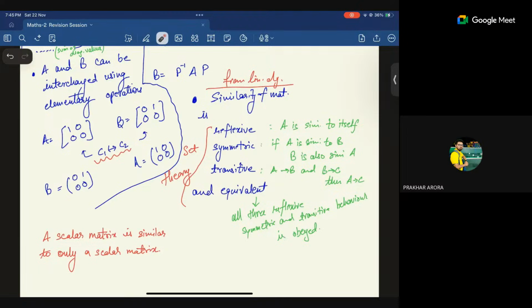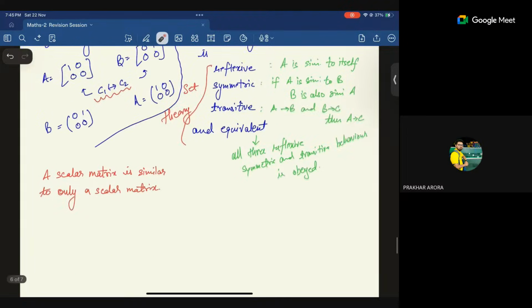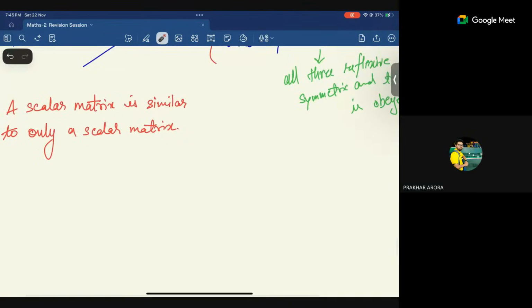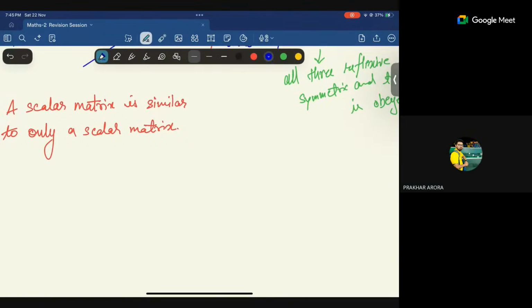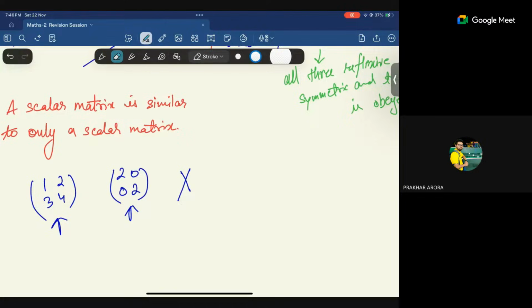So this is an important fact which you should know, that a scalar matrix is only similar to a scalar matrix. That is, if they give you a question to check whether these two matrices are similar, then you can say without checking that these two are not similar, because this is a scalar matrix and this cannot be similar to any other matrix. Is this clear?